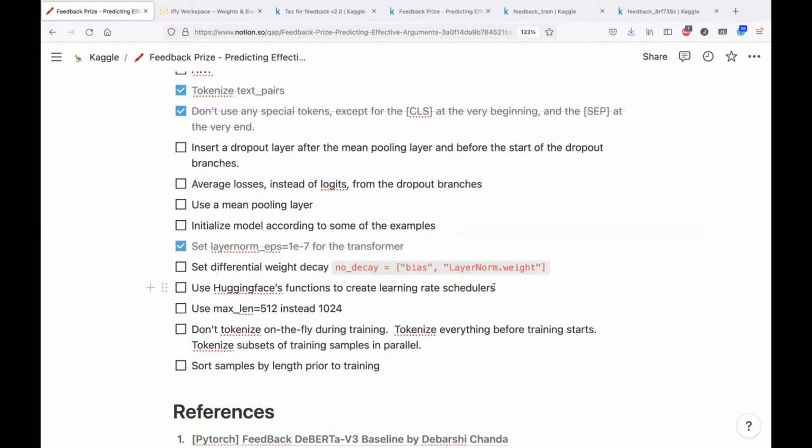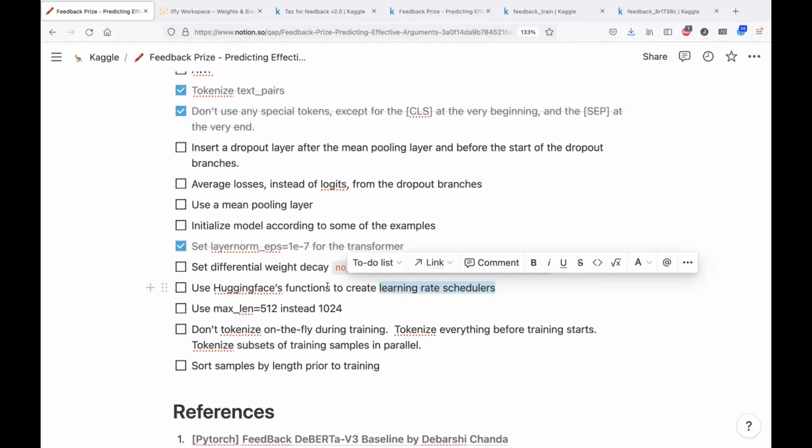Another thing is I've been using PyTorch's AdamW without any learning rate scheduling, and he's using a learning rate scheduler produced by one of the transformers functions, I think it's called get linear schedule with warmup, and he's not using any warmup.